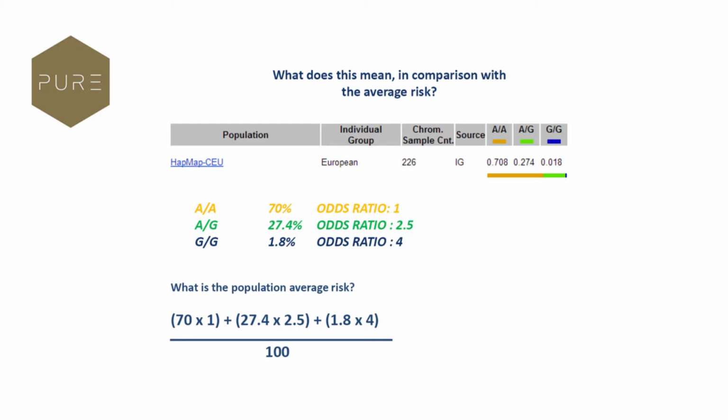So this is how you do the calculation: 70 times odds ratio of 1, 27 times odds ratio of 2.5, and 1.8 times 4, divided by 100, is an average odds ratio of 1.45. So based on this gene, the average risk that the general population has is 1.45. Some will be a higher risk, some will be a lower risk, but the average is 1.45.